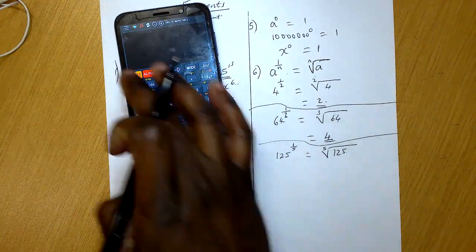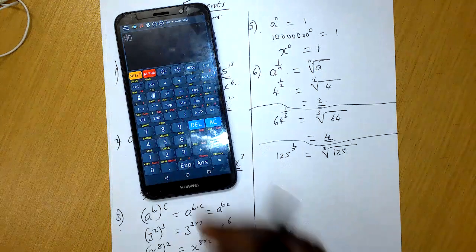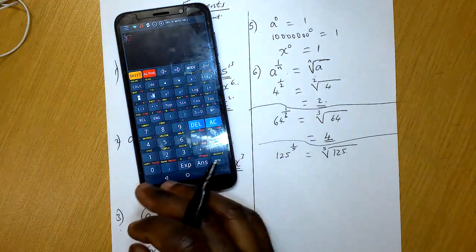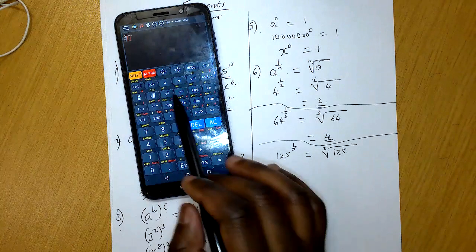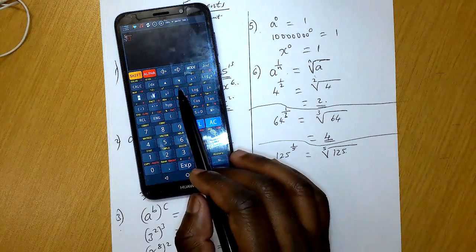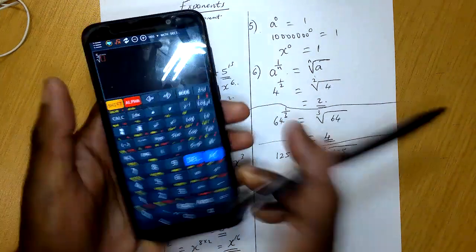You are going to say shift, then you put 5 there, shift x to the power where there is nothing there.